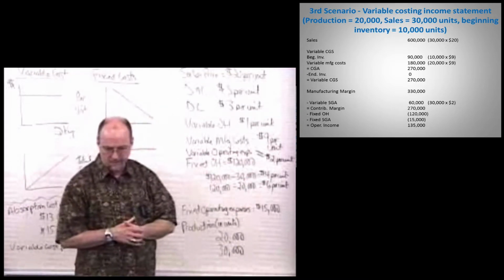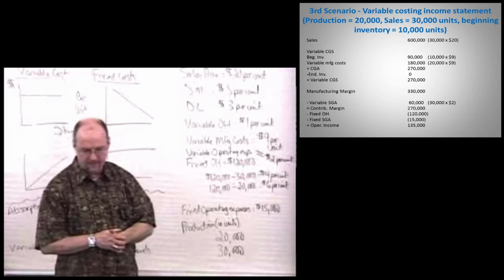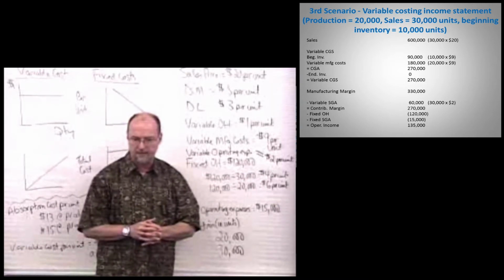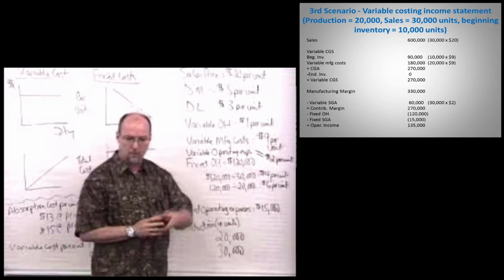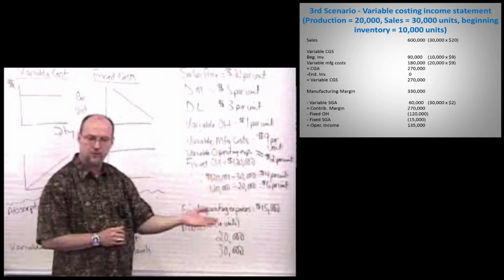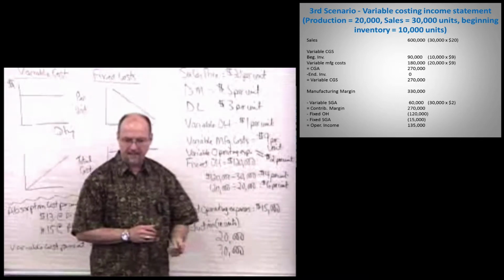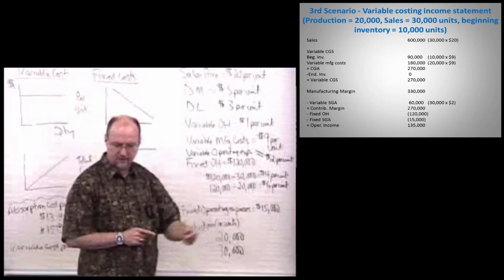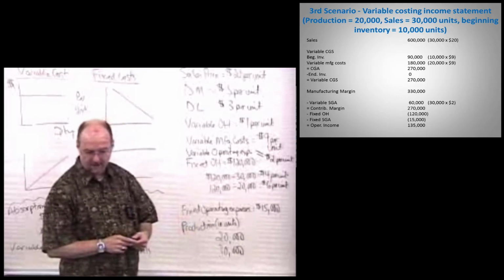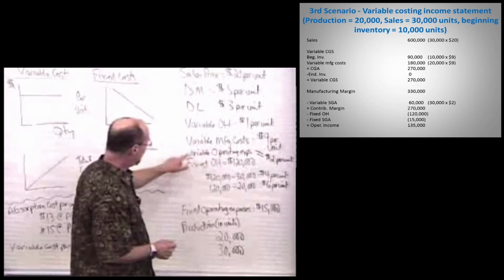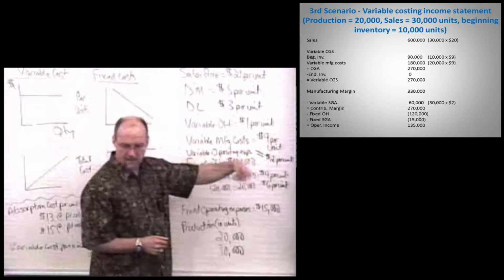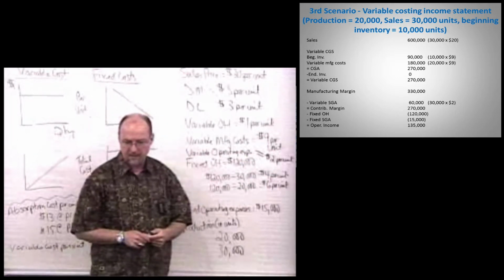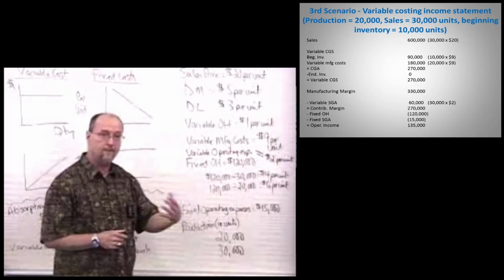Beginning inventory plus variable manufacturing costs is 270. Since I have no ending inventory, variable cost of goods sold is 270. Manufacturing margin, again, sales minus variable cost of goods sold, 330. Then I subtract variable operating expenses, selling, general, and administrative. I sold 30,000 units. Variable operating expenses, $2 per unit. That's 60,000. There's my contribution margin of 270. Then I subtract all fixed costs.